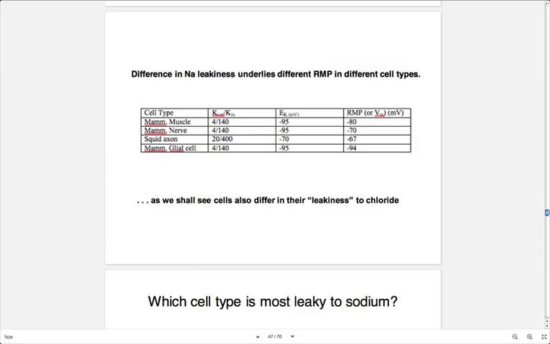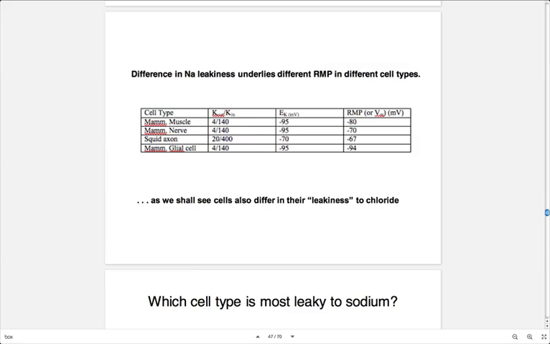These are the concentrations of potassium inside and outside your cell. This is the equilibrium potential that you would reach if you use this value to calculate it. And this is the equilibrium potential of sodium for these different tissues. And here's the actual resting membrane potential of those tissues.